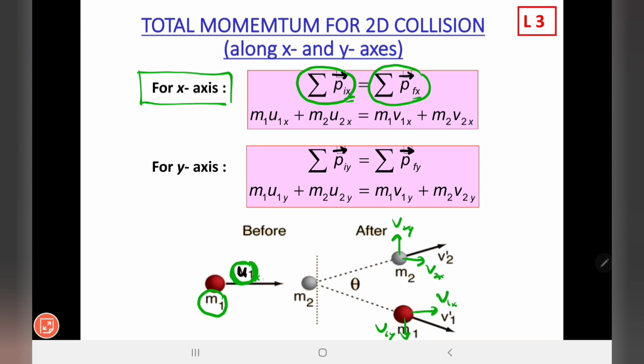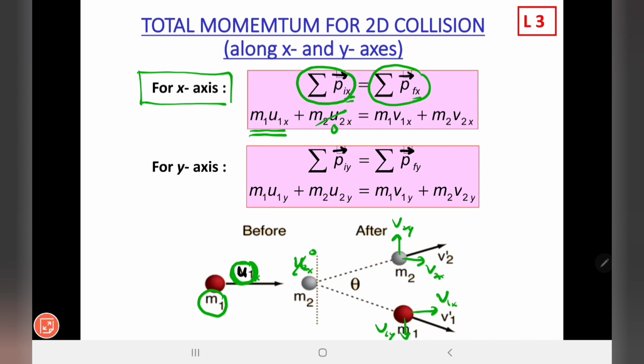We take it as U1x. So this is the initial momentum of M1. And then for M2, the momentum is M2 and U2x. But according to the situation, it doesn't move, so U2x equals 0. Automatically, M2 U2x equals 0.